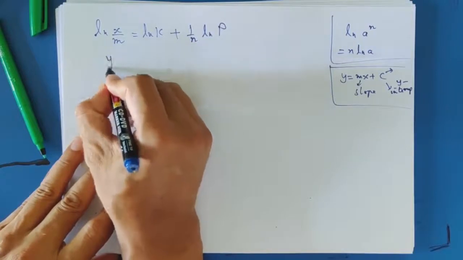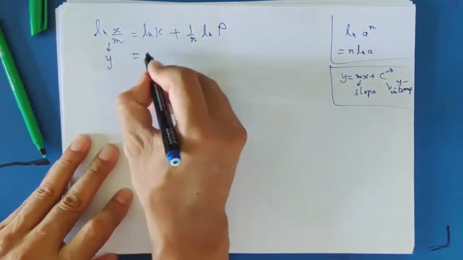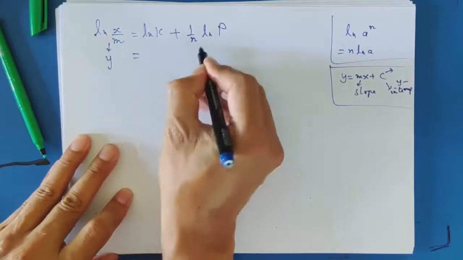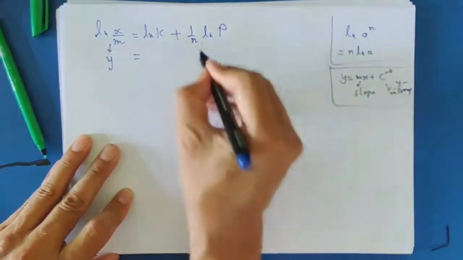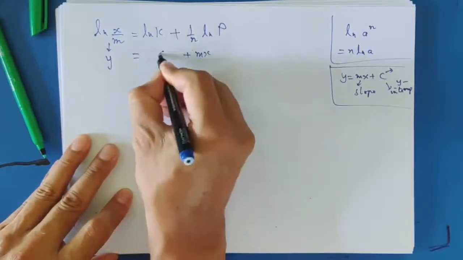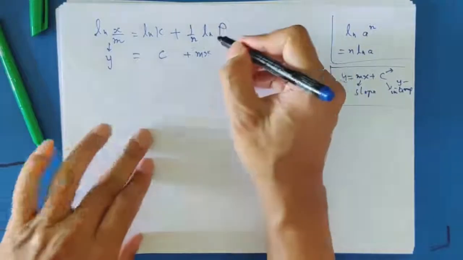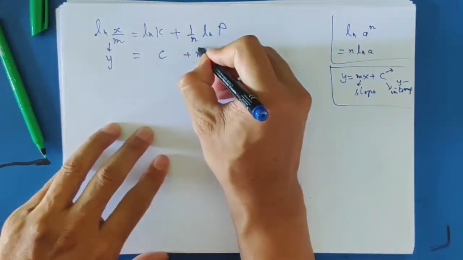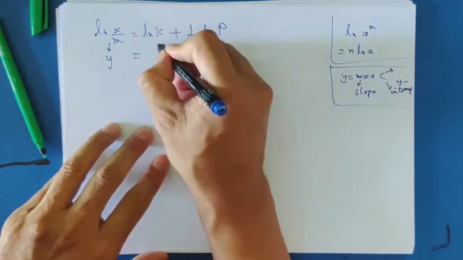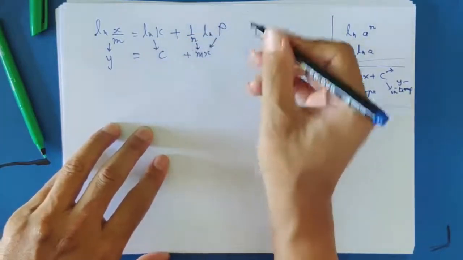So this part can be given as y, and here mx, so you can write mx plus c. The slope is this part, this whole thing is your c, and the x is this part.